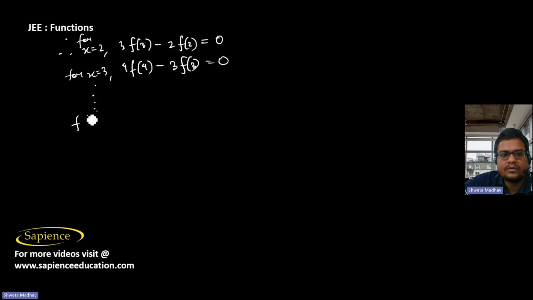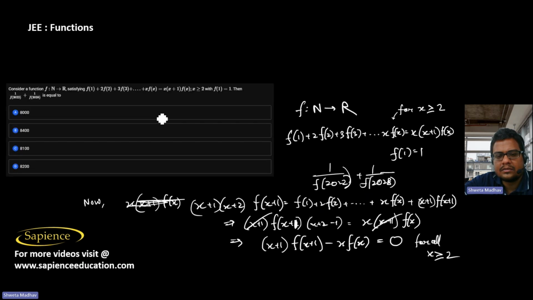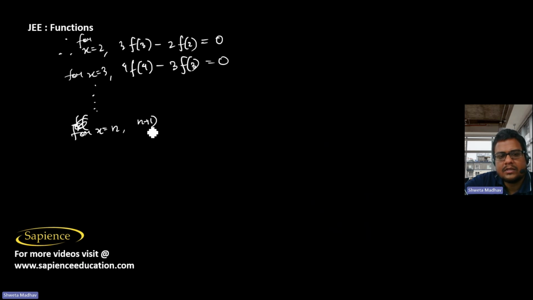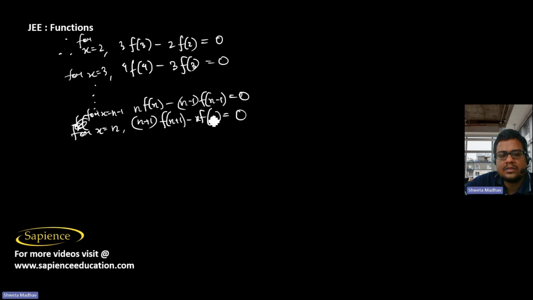Similarly, if we put x equal to n, then we will get (n+1) f(n+1) minus n f(n) equal to 0. And for x equal to n minus 1, we will get n f(n) minus (n-1) f(n-1) equal to 0.